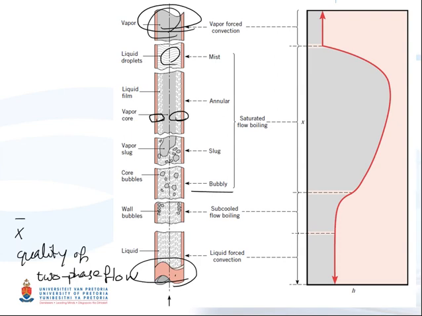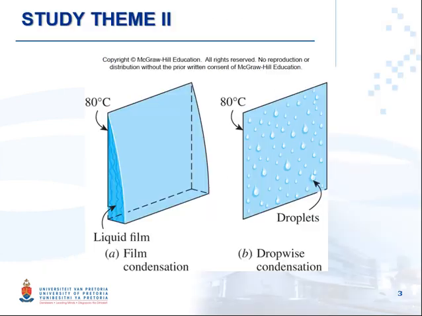So now let's start with talking about condensation heat transfer. When the condensation occurs, do you have any idea about it? So basically condensation occurs when the temperature of vapor is decreased to a temperature below its saturation temperature.